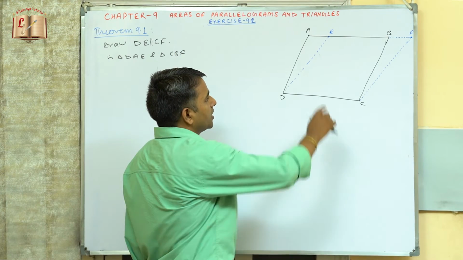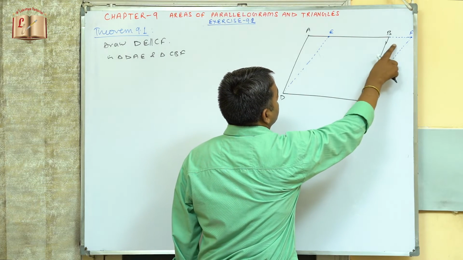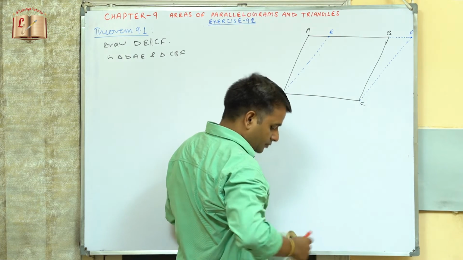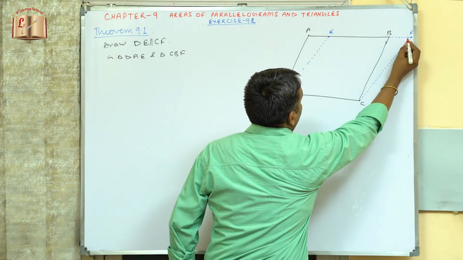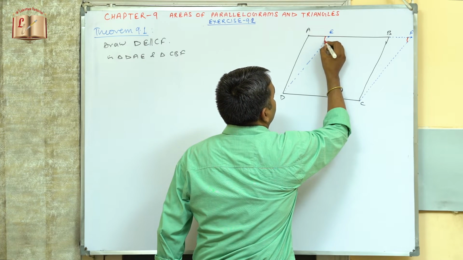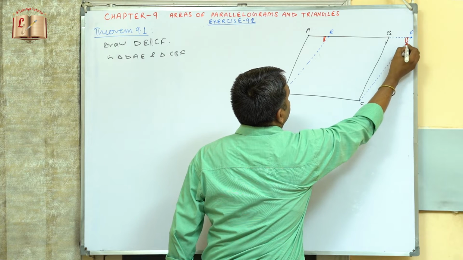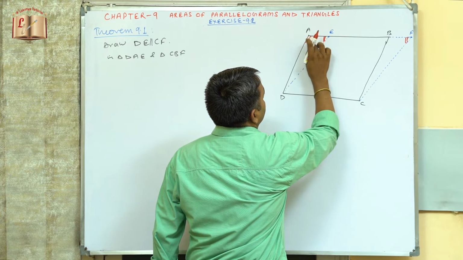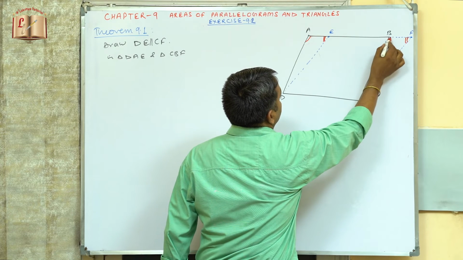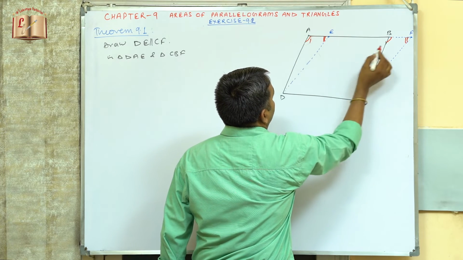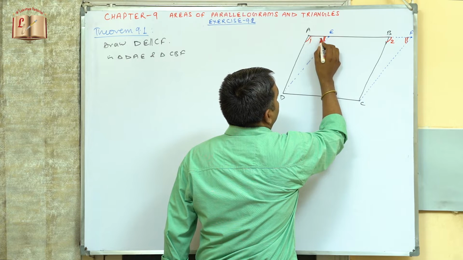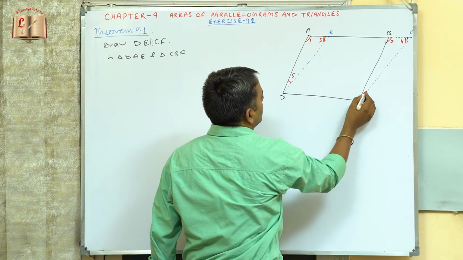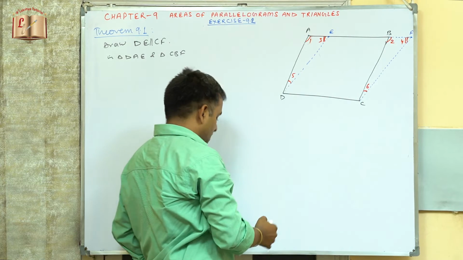Now we will consider these two triangles. In these two triangles, this line is parallel to this line, so this angle will be equal to this angle, and this line is parallel to this line, so this angle will be equal to this angle. We can write this angle as 1, this as 2, this as 3, and this as 4, and take this as 5, and this as 6.